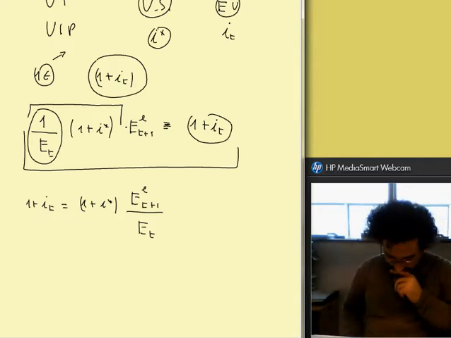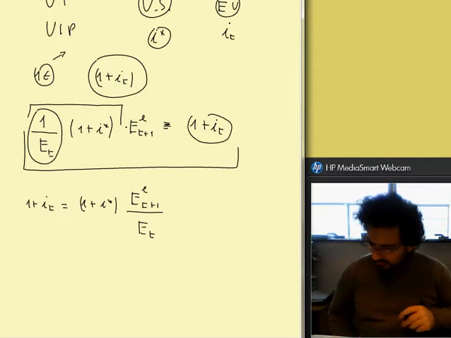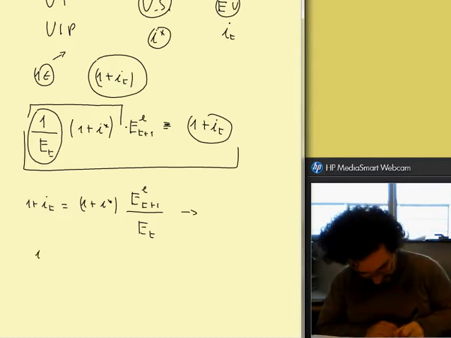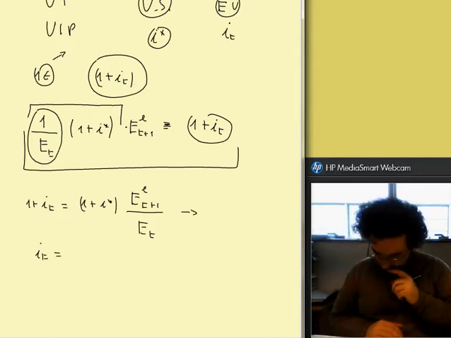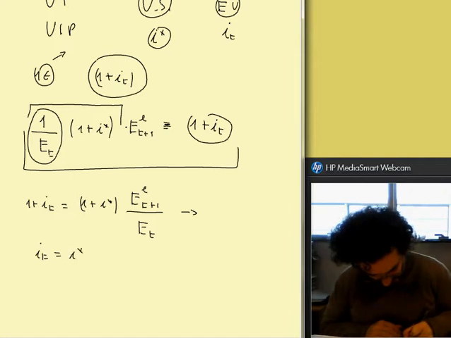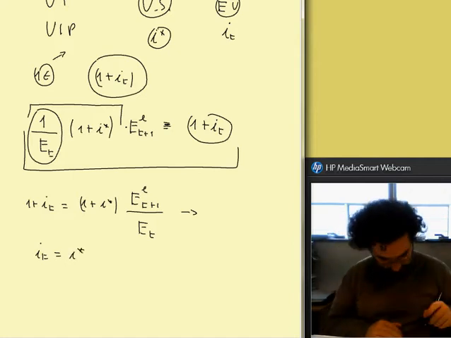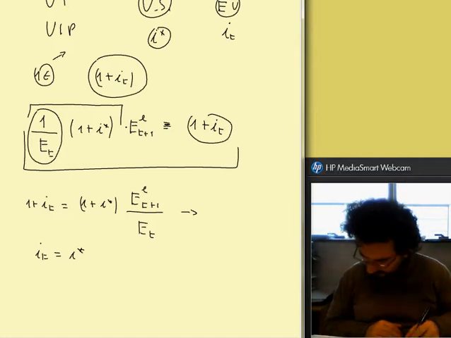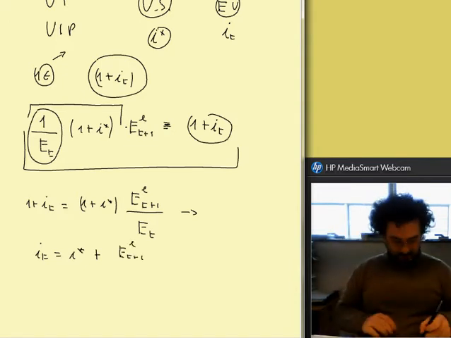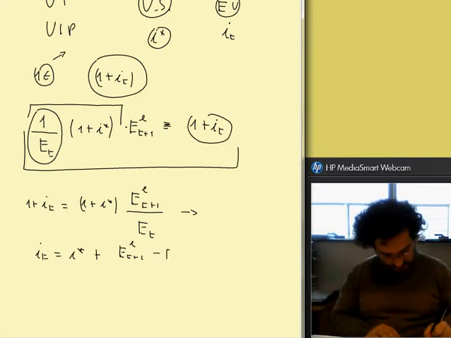Again, we can write this equation as IT equal to I star plus the expectation of the exchange rate for t plus 1, E t plus 1 minus E t, divided by E t.